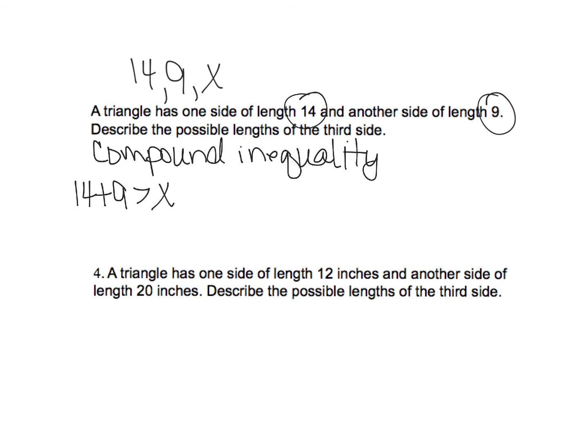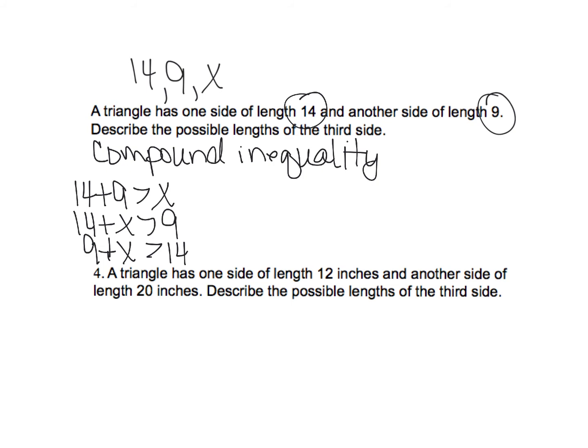Okay. 14 plus x has to be greater than 9. And then we also know that 9 plus x is greater than 14. And that's all the possible combinations of those 3 side lengths: 14 plus 9, 14 plus x, and 9 plus x.